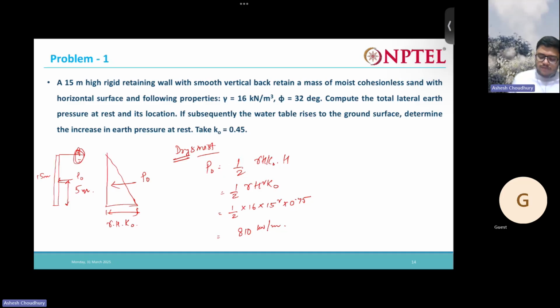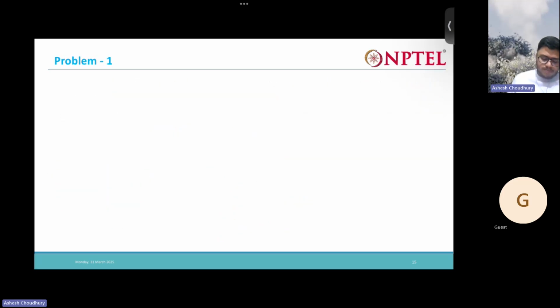Now, the next case is if we have a submerged soil, then you have two triangles.